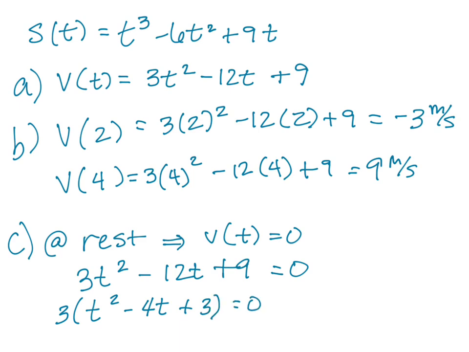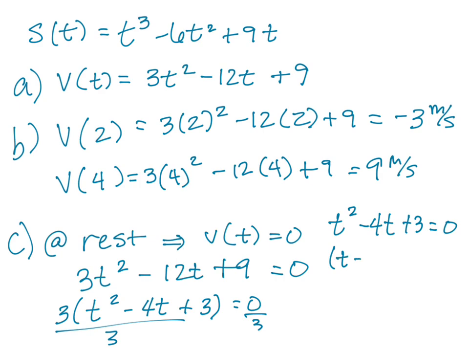So I pulled a 3 out. I've got t squared, and I can divide that 3 off. That was a question in Algebra 2 yesterday: where did the 3 go? You can divide it. 0 divided by 3 and it's gone. t squared minus 4t plus 3 equals 0. If my 3 is positive but my 4 is negative, then that means what?